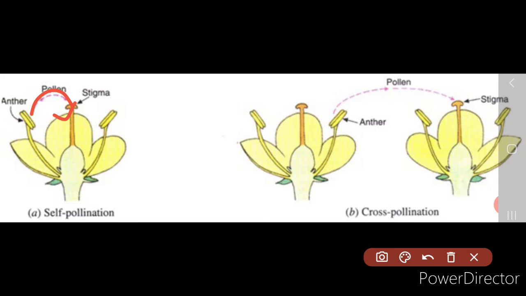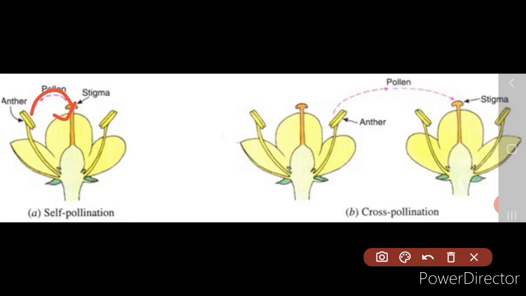Now there are also disadvantages. The first one is that the seeds are less in number, and the seeds that are produced will produce weaker plants. It will not be a nutritious seed, and new varieties cannot be formed because the pollination takes place within the flower. So this is about self-pollination.